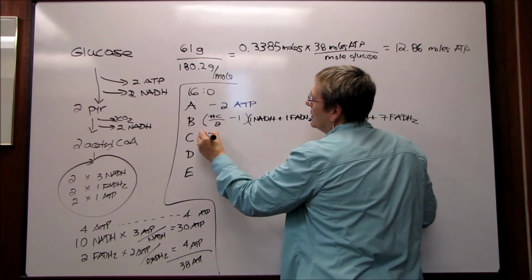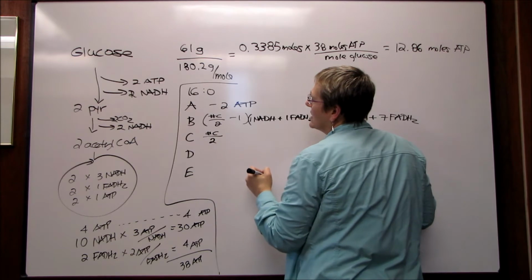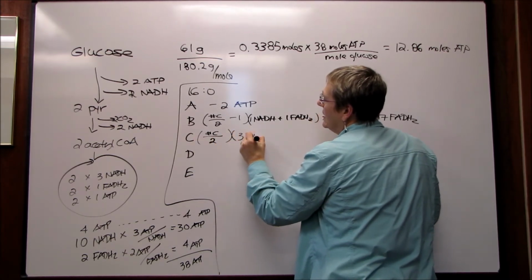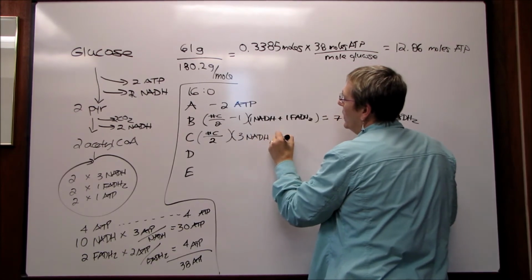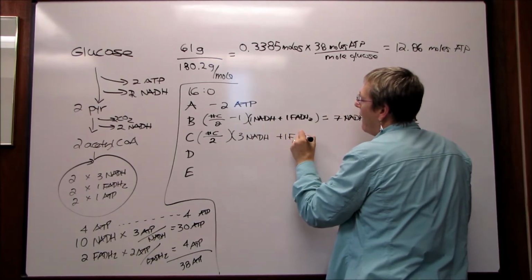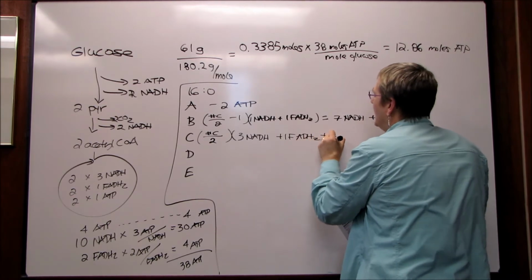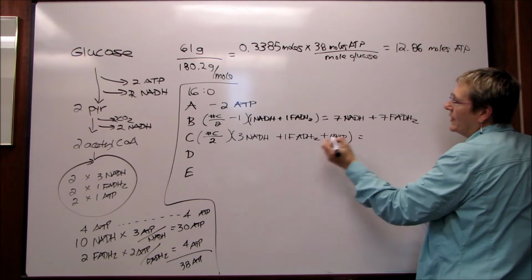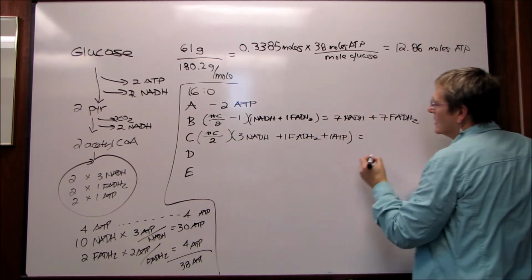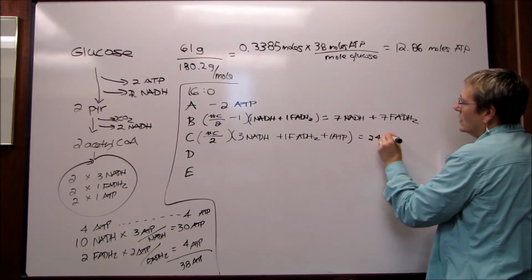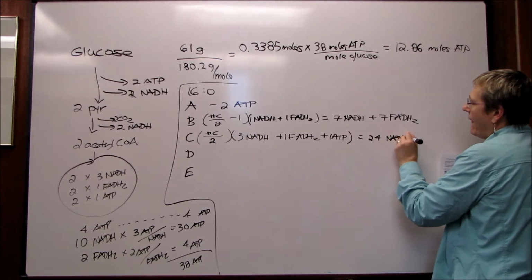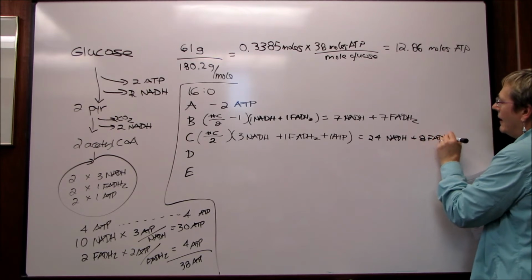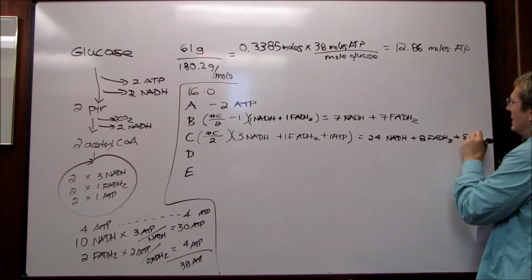I will do number of carbons divided by 2 rounds of citric acid cycle, and each round will give me 3 NADH, 1 FADH2, and 1 ATP, just like we did for glucose down there. So I will end up with 8 rounds, so I'll have 24 NADHs and 8 FADH2s, and I will have 8 ATP.